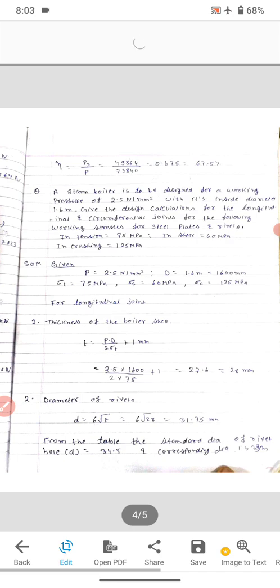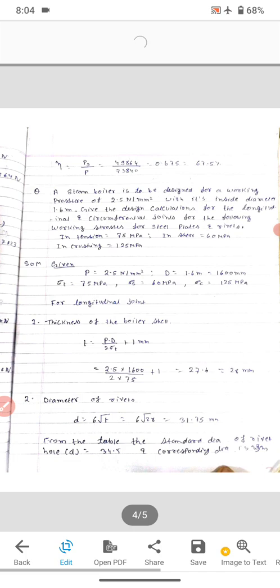Today we are going to see another video on design of a boiler by use of riveting or rivet.